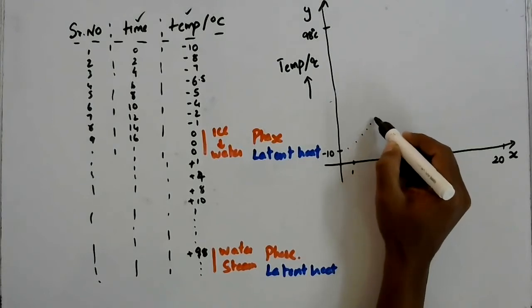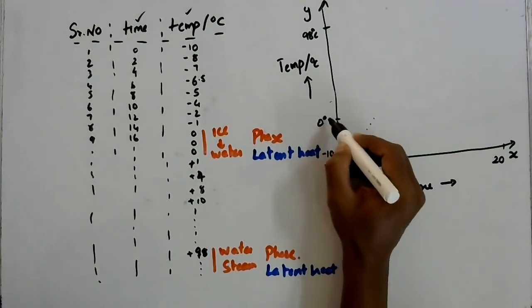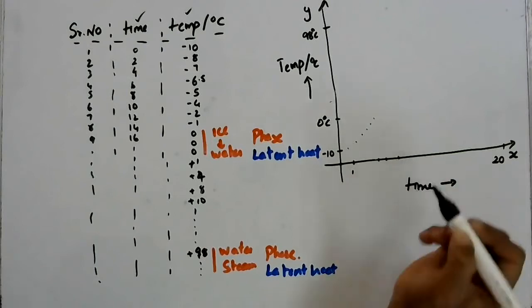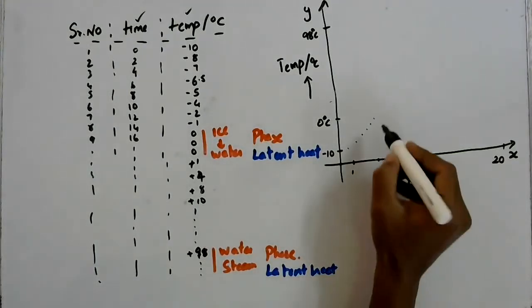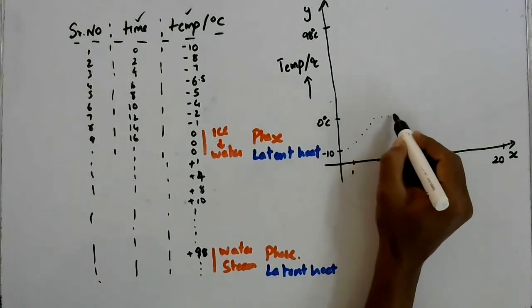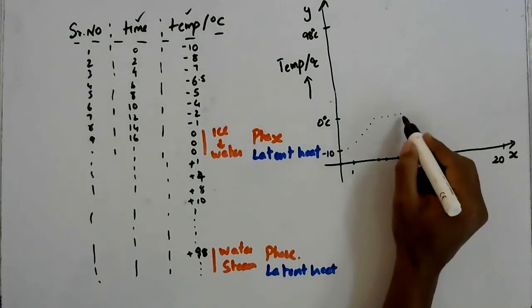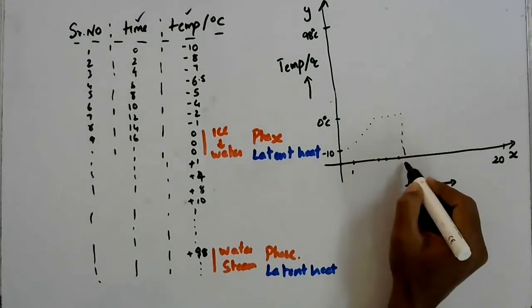Okay, so the temperature is increasing until it reaches the value of 0 degrees Celsius. Now at the value of 0 degrees Celsius, for a few minutes, maybe 2, 3, 4 minutes, the value will kind of plateau out, until all of the ice has melted into water.